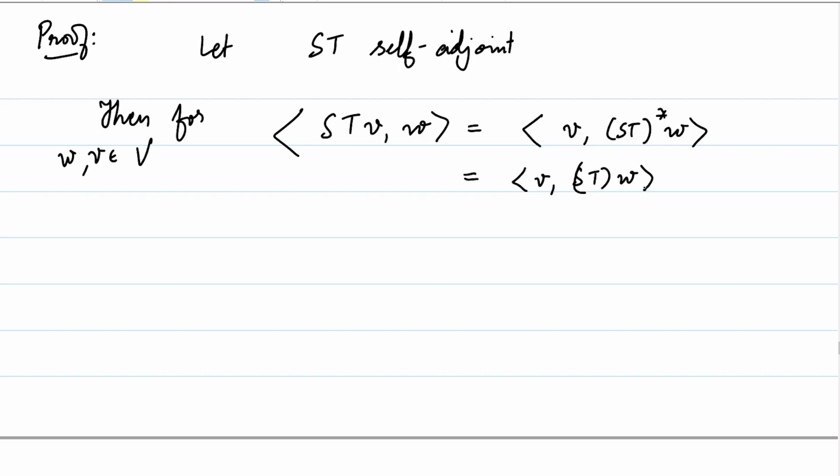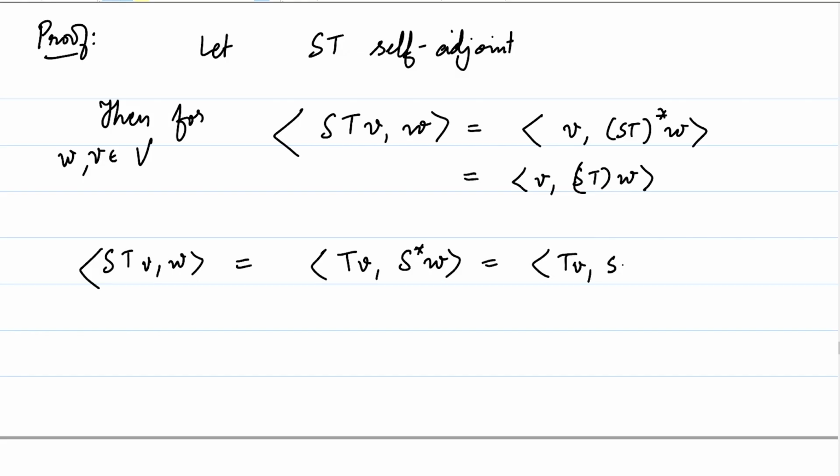But what is STV comma W, if you consider it one by one, a map T acting on V and then a map S acting on it? This is just going to be the inner product of TV with the adjoint of S acting on W, which is equal to TV comma SW, since S is self-adjoint.